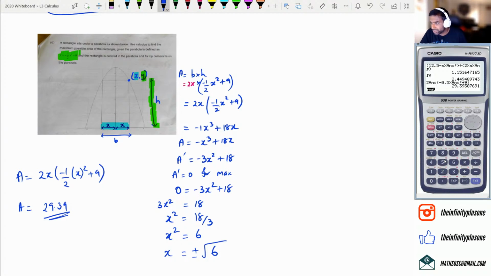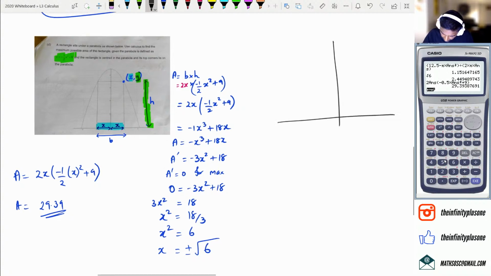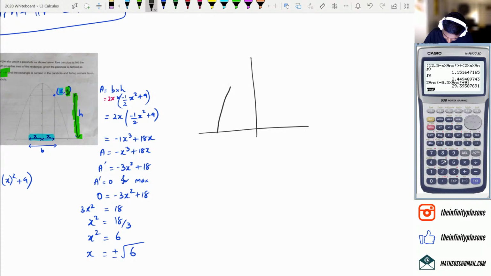Now, to answer the other person's question, which was about an isosceles triangle under a curve. Let's say we've got this curve like this, and we have an isosceles triangle like this, for example.